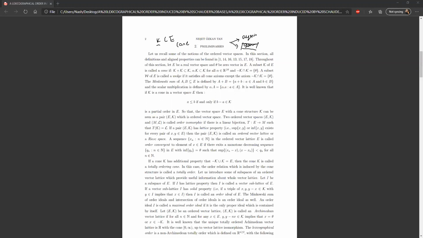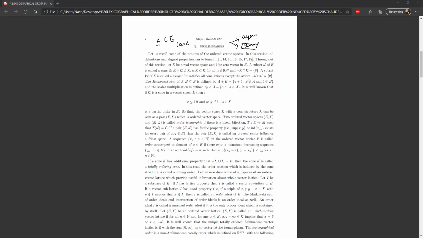In the algebraic way, which gives ordered vector spaces, we have a vector addition and a scalar multiplication, and moreover an order structure which is very friendly with this addition and multiplication, and you can give it as an axiom of this vector space.